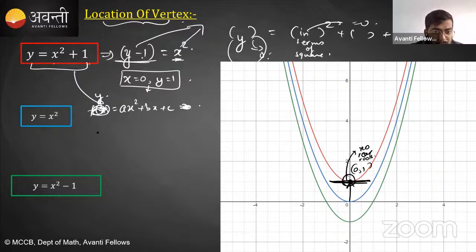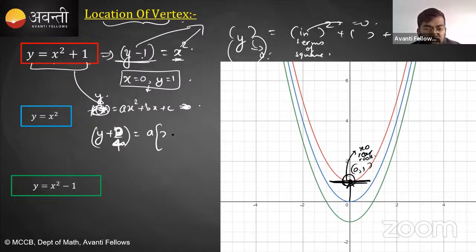So what I can do is y plus d by 4a equals a times x plus b by 2a whole square, plus something over here, right?